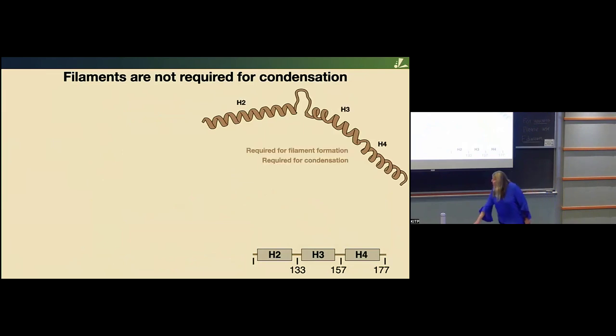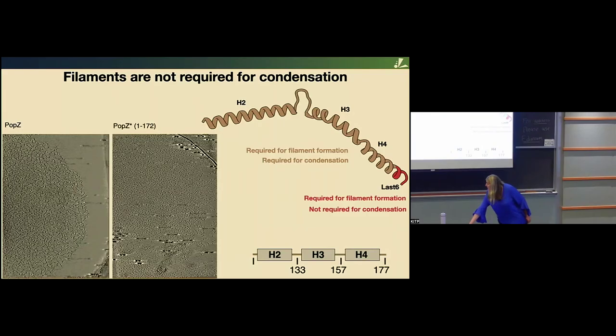I just want to show you one mutant that we discovered. We found that the last amino acids were very positively charged. When we deleted those, we found something very interesting, which is that we can still get condensation. However, these condensates are now made out of hexamers.